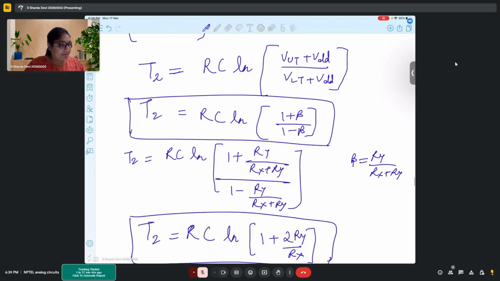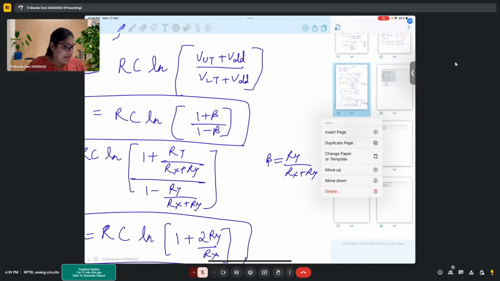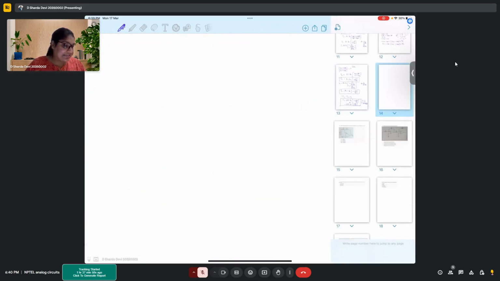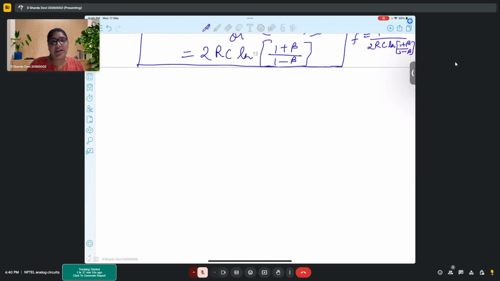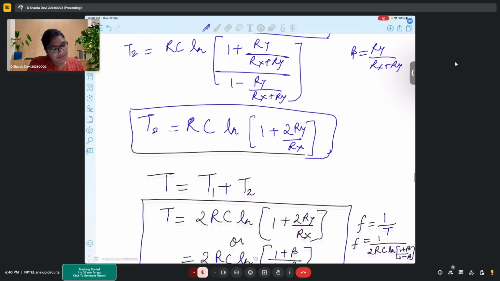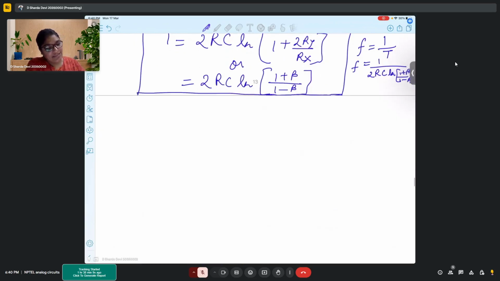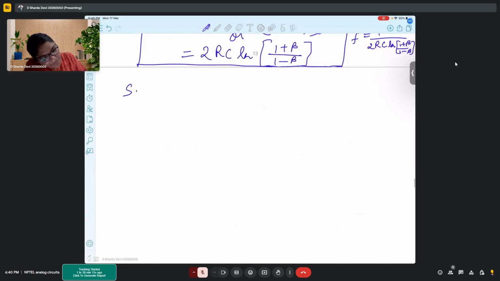Okay. So after this, I mentioned that we will discuss how we can transform from one waveform to another, right? That is also something very interesting and very important for us to analyze. So what we found in this relaxation oscillator was a square wave, right?